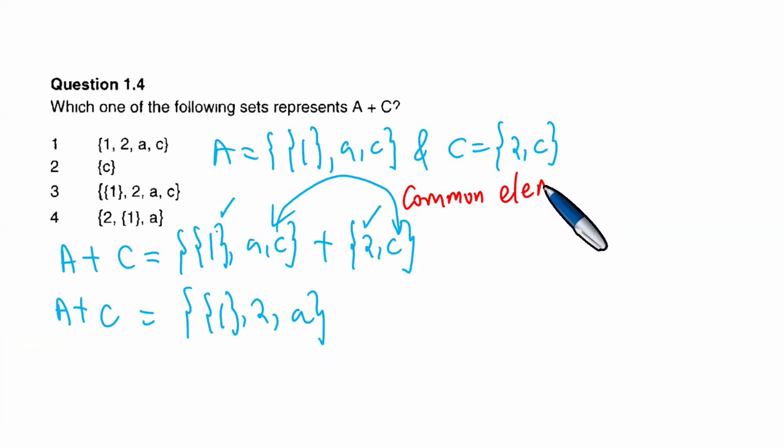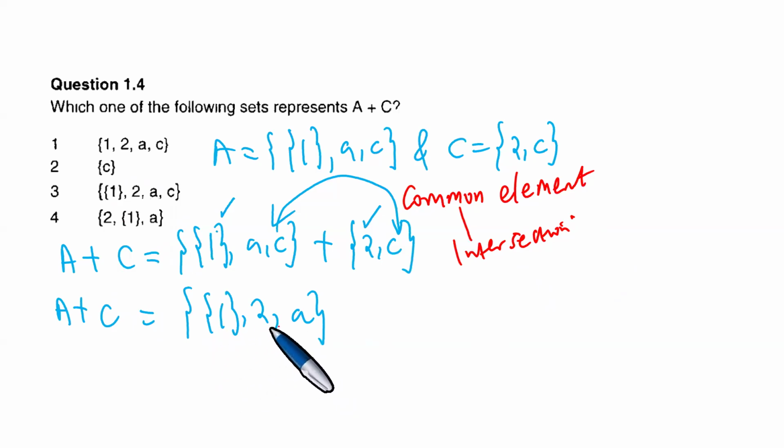Right, so it is a common element. And this common element, where do we find it? We find it in the intersection of the two sets. By dint of that, we don't choose that one, which means we have 1, we have also 2, and we have exactly A as well.